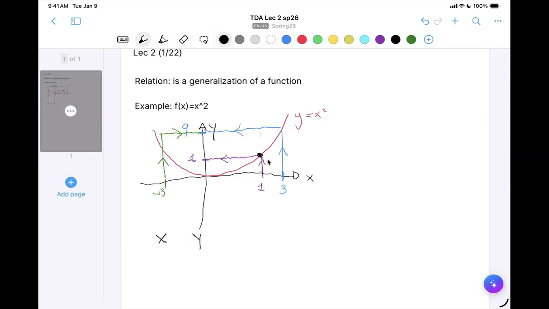I'll write R for related. The way to say this is that x is related to y. In the case of this function, x is related to y whenever y equals x squared.